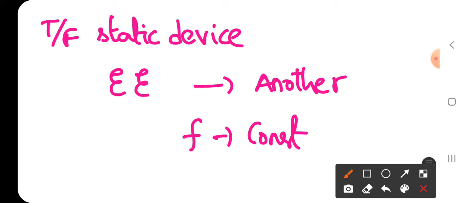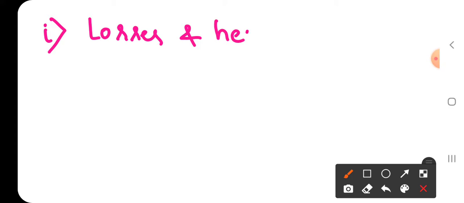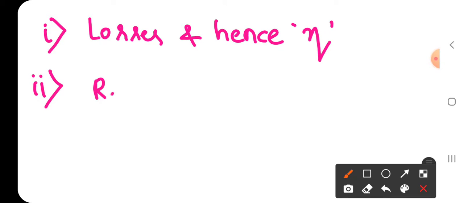What are the two parameters? The first one is losses and hence efficiency, and the second one is regulation.